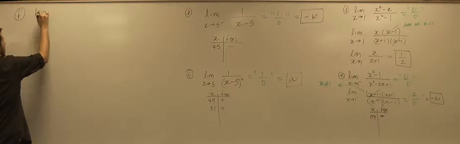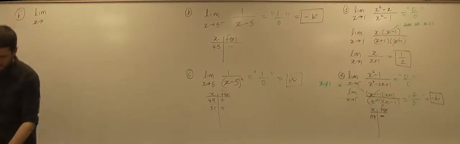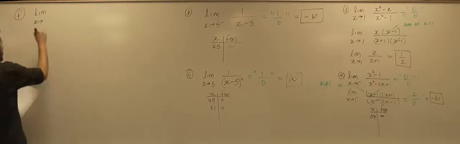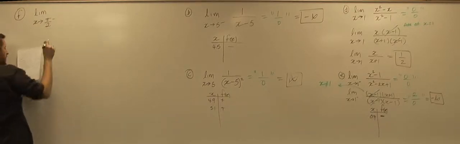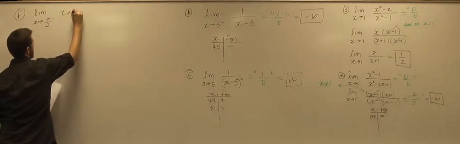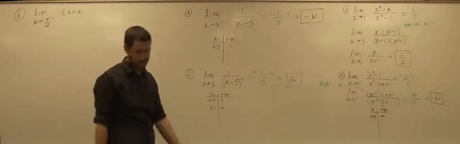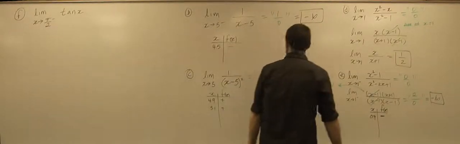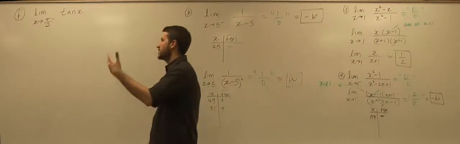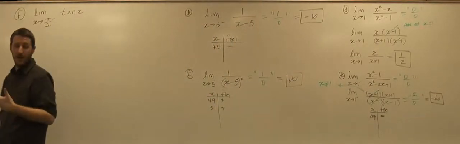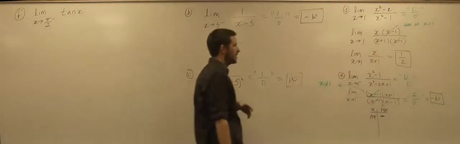Limit as x goes to pi over 2 from the negative side of tan x. So this one's perhaps a little different, maybe, but at the same time not really.